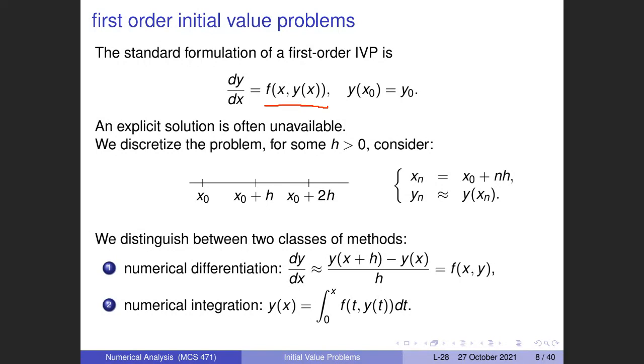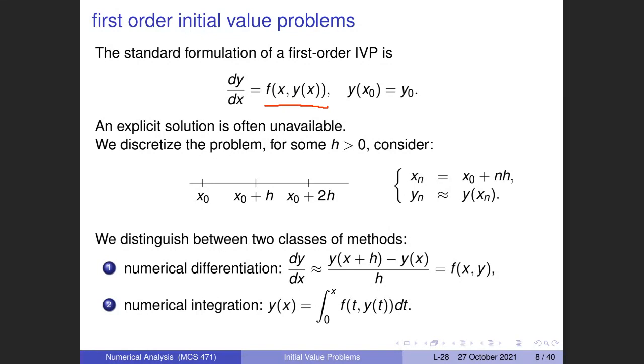The function is of 2 variables, but note that y depends on x. The function can be a simple Julia function, or a complicated program. The cost of our numerical methods will be expressed as the number of times we have to evaluate f. So that's the first part of the standard formulation.